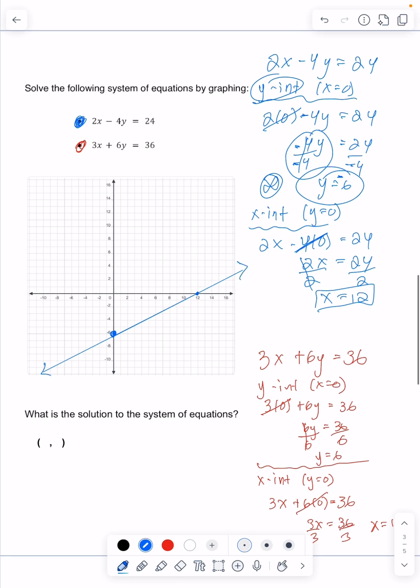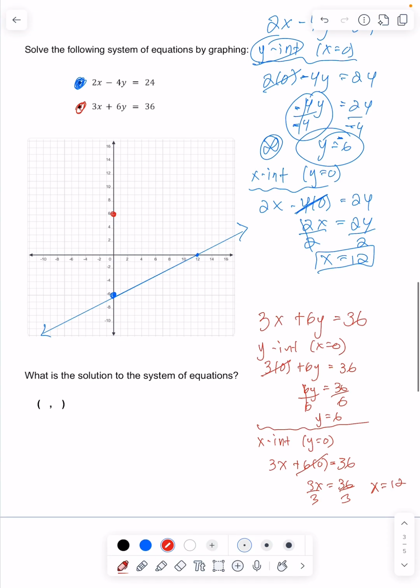Just like that. The red one, that's how I tripped up, because this one's 6 and 12, but this one was actually positive 6. So that makes sense that it's positive 6, and then 12.